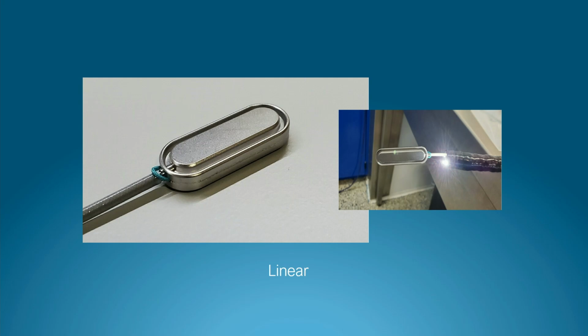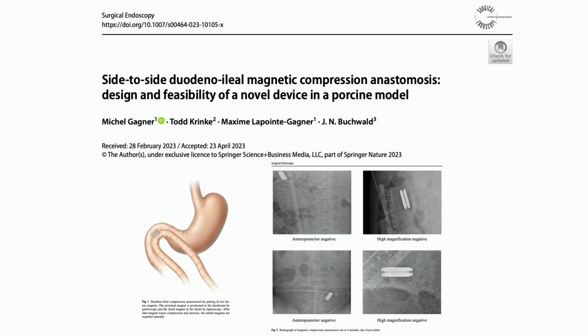So we decided to come out from the channel of the endoscope and go outside the endoscope and have these larger magnets for anastomosis. This first generation is a 3 centimeter long magnet with a groove that permits the anastomosis. These are redone experiments from 2007, 2008.